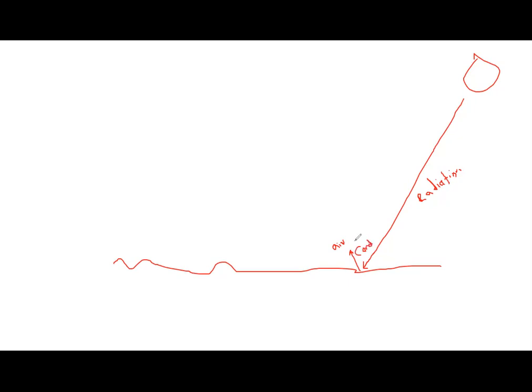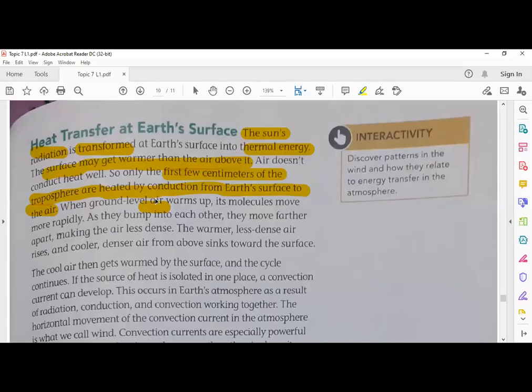What happens then? The air that gets warmer floats, and the colder air sinks, and so on. So what is the meaning of ground level air? The air that is closer to the ground warms up, its molecules move more rapidly, and they bump into each other, and they move farther apart from each other, making the air less dense.